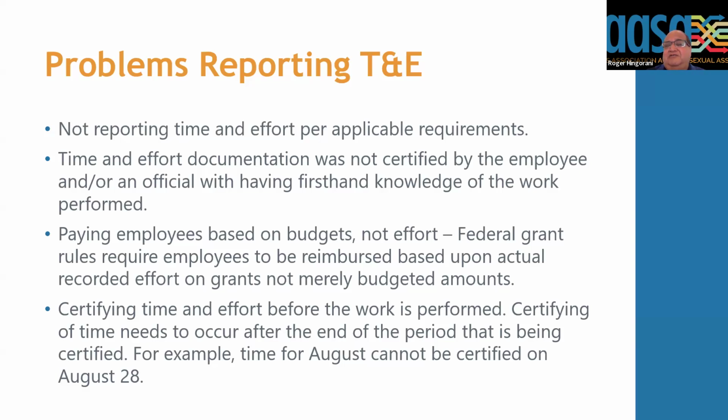It becomes really hard for somebody to go back 6 months or 4 months to see what they did during the month for those funding sources. So it's really important that you have good time and effort, at least, that can provide reasonable assurances that you are allocating the cost to the right funding sources.